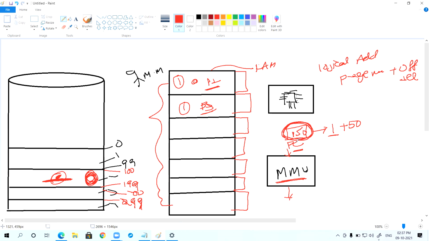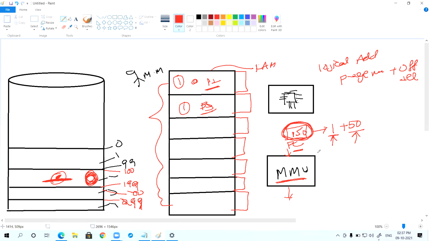One address called 150. That is a logical address. Now I am discussing how that logical address is converted into the physical address. The logical or virtual address contains two things: the page number and the offset.